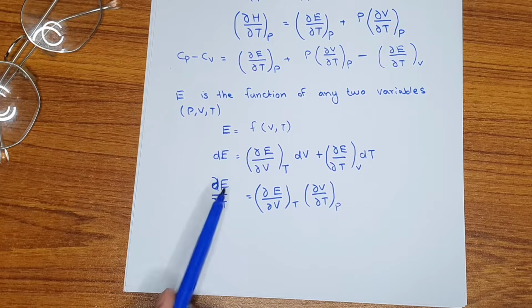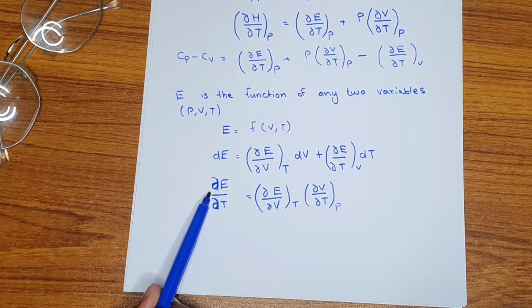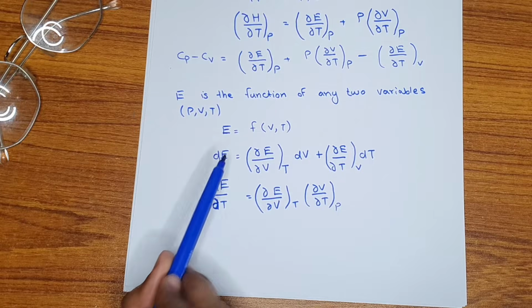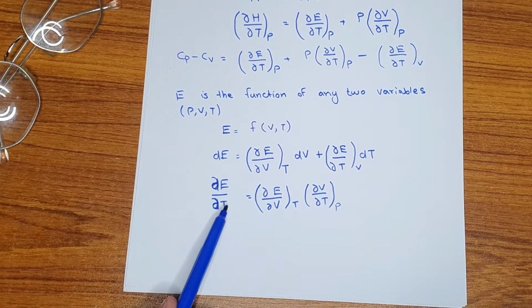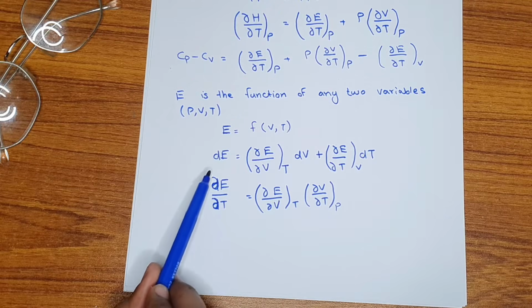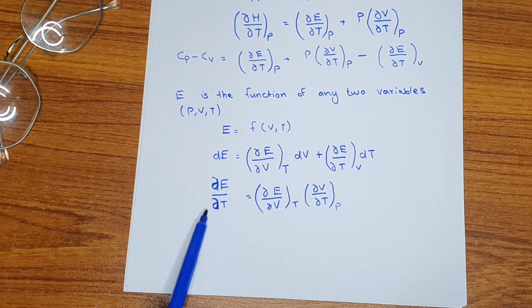I'm saying that this energy is now dependent on the temperature, and when this quantity is dependent on temperature, this differential will be changed into a partial differential. When it was alone, this differential was d, but now that it is dependent on temperature, I am going to change this d into the partial differential sign, because now this energy is being differentiated with respect to temperature.